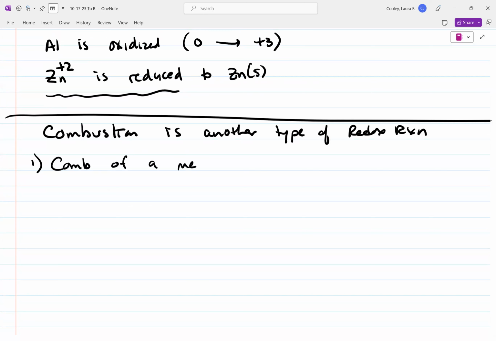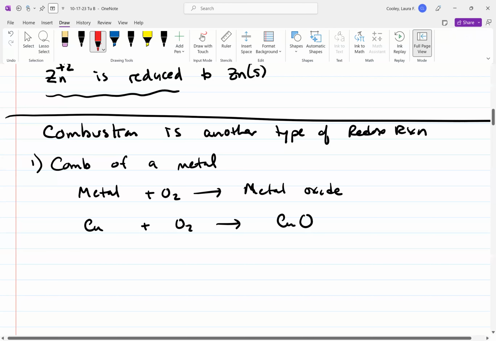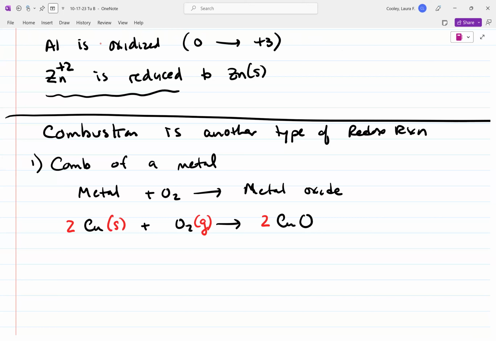So you take a metal plus oxygen to give a metal oxide. For example, copper plus oxygen gives you CuO. There are other oxides it could make, but this is a good one. You would have to balance this. And this is solid copper, gaseous oxygen.